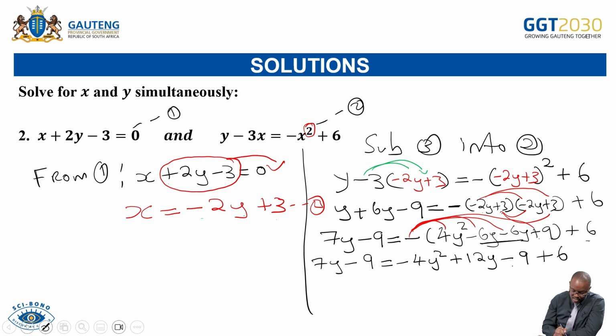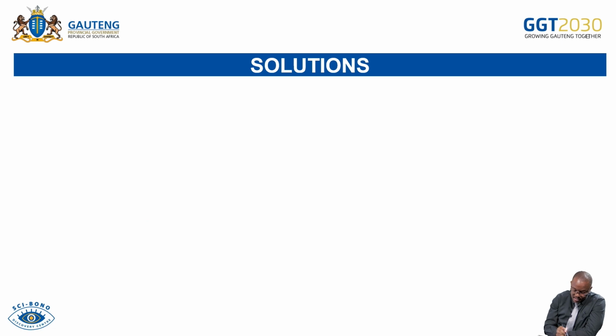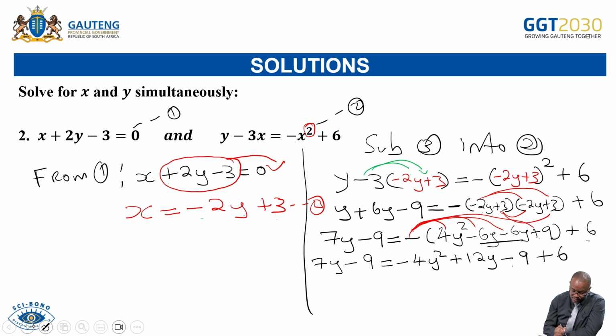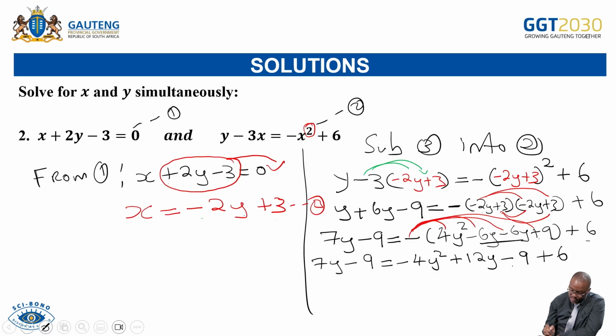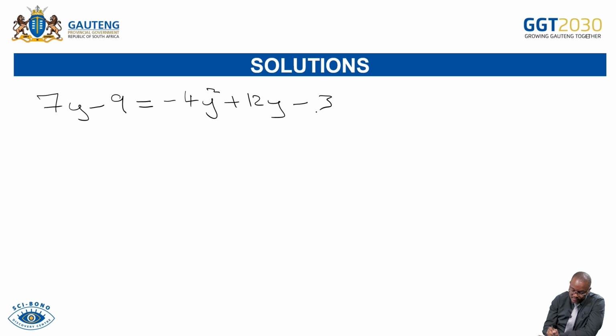Then we simplify them nicely. Minus 9 is equal to minus 4y squared, plus 12y. Then if you say minus 9 plus 6, you are going to get negative 3.